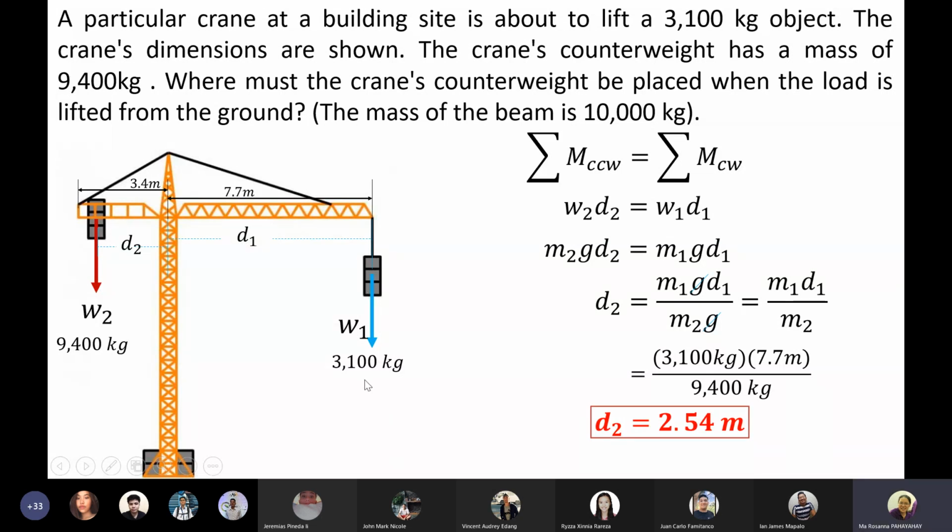So let's see if you can, actually hindi ko to inad, pero this question. For example, you have the counterweight which is 9,400 kilograms, at ang jib nyo, the maximum moment arm na pwede nyo lang magamit is 3.4. Therefore, what should be the maximum weight na kayang kargahin ng crane na ito?